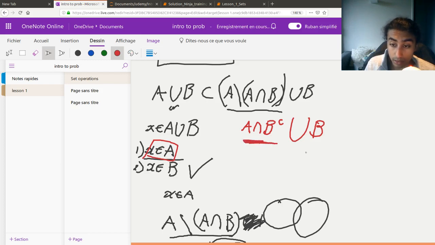It could be in this or this. Well, it's in this specific set here. It's in A and B complement, but it's in A nonetheless. So yeah, it's in here. So we can confirm that X is part of this whole set here. So that's done.